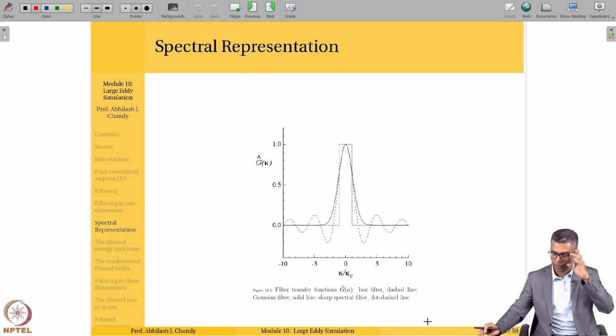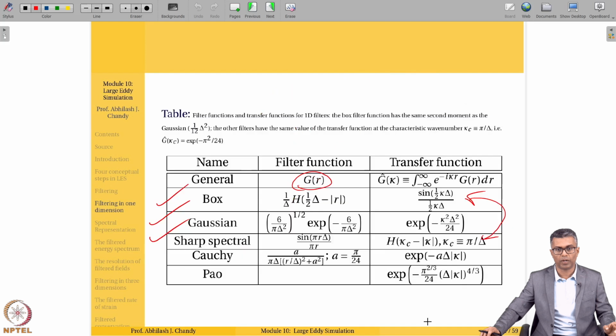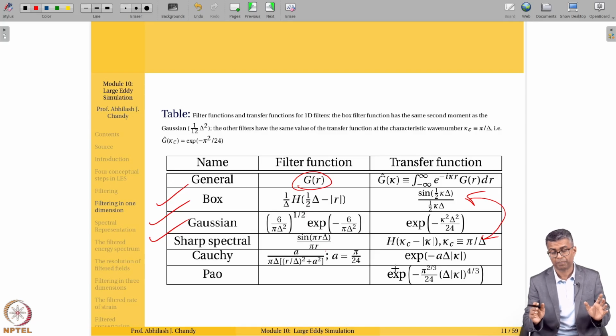If you remember from the table I had shown earlier, the box filter is a Heaviside function in physical space and a sinusoidal function in spectral space. The sharp spectral filter is a sinusoidal function in physical space and a Heaviside function in spectral space. So it got flipped. And the Gaussian function is exponential in both physical and spectral space.